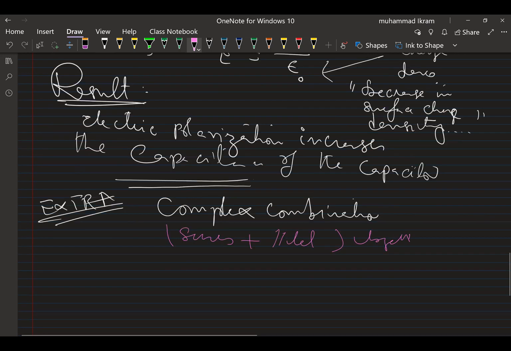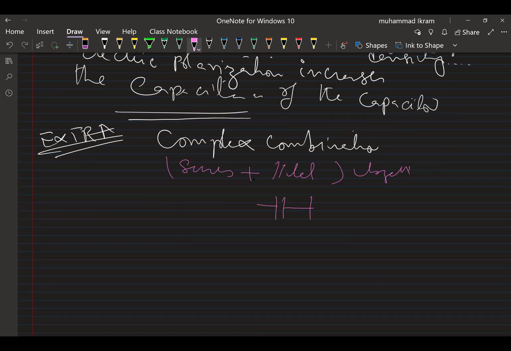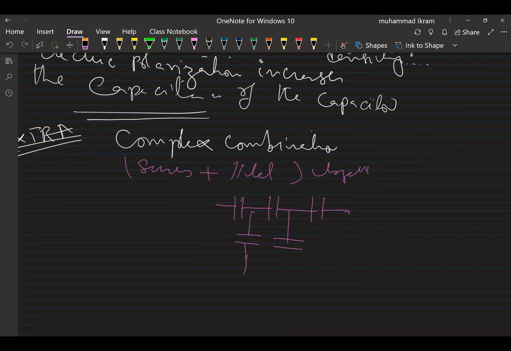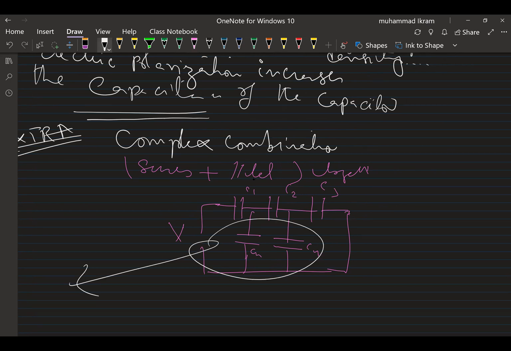For example, if you have a situation like this, one capacitor, another capacitor, and another capacitor, like this, this sort of combination is like C1, C2, C3, C4, C5, and this is V. If such a situation arises, the parallel part must be solved first in order to find the equivalent capacitance.